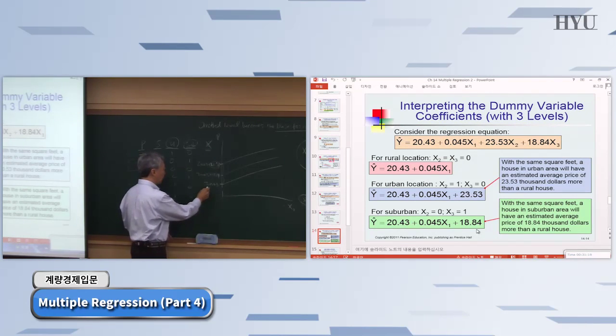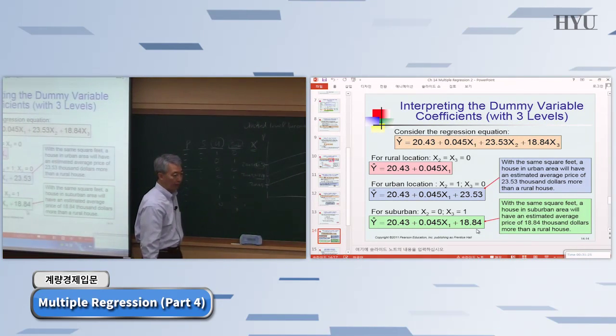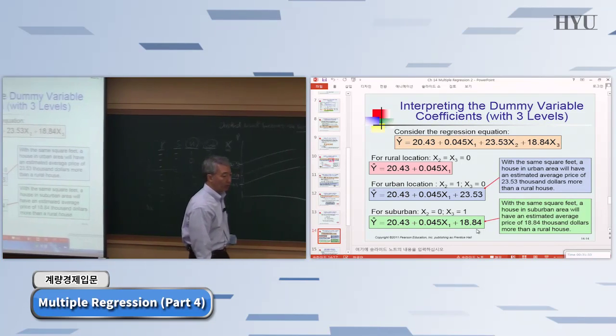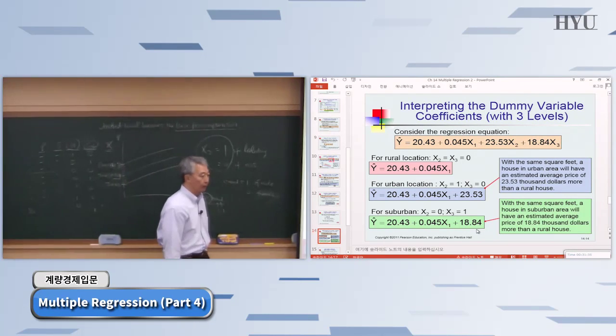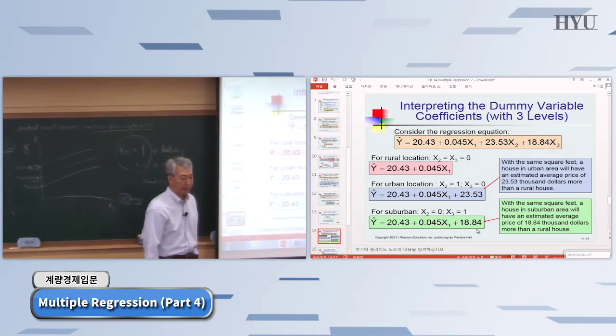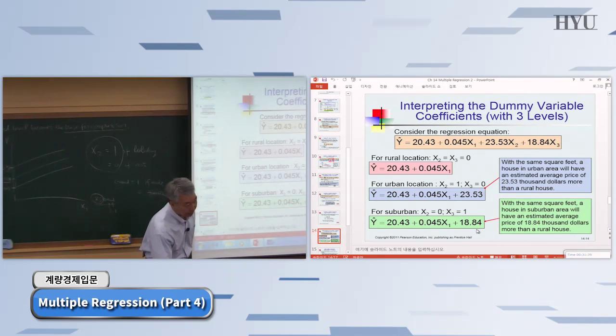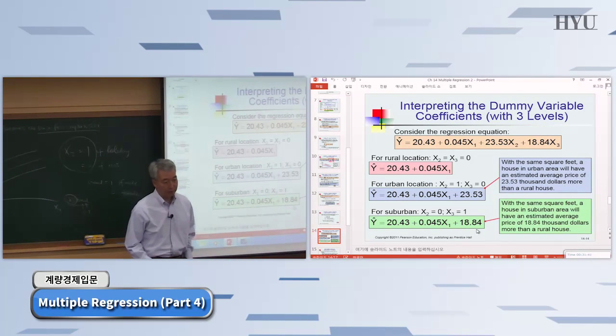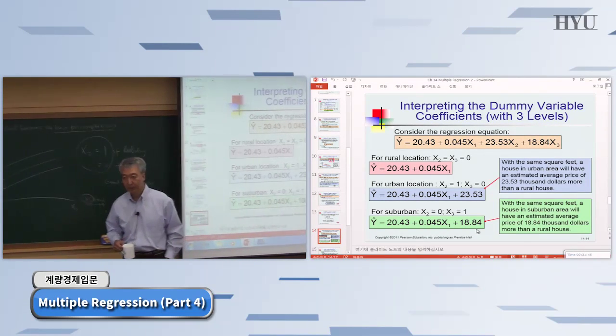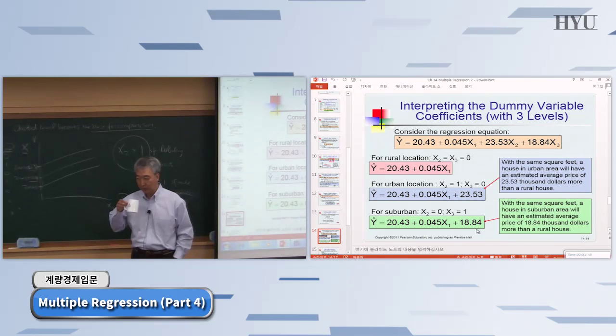Compared to the rural house, a house in a suburban area is higher by 18.84. Everything is compared to the omitted level. Well, what about the difference between urban and suburban? We can easily see the difference between the urban and rural, and suburban and rural. But what about the difference between urban and suburban?